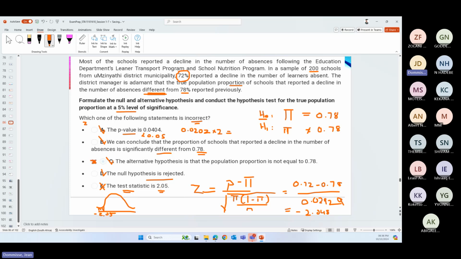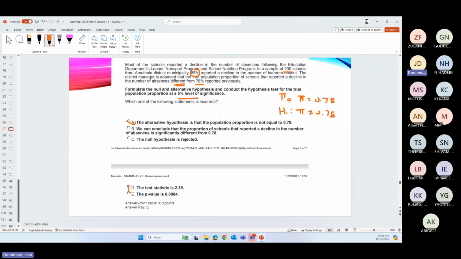So let's, for interest's sake, go through this. Here the proportion one is going to be 0,85 minus 0,78. So that is going to be a positive.